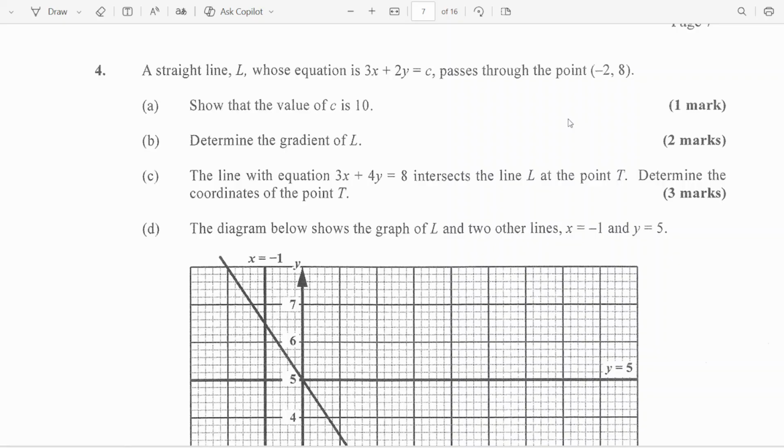If we have a point and a gradient, we could substitute that into y equal to mx plus c and calculate what c is. If we have 2 points, we just take those 2 points, calculate the gradient, substitute one of them and the point into y is equal to mx plus c and calculate the y-intercept. There are 3 different ways of calculating the equation of a line, right?